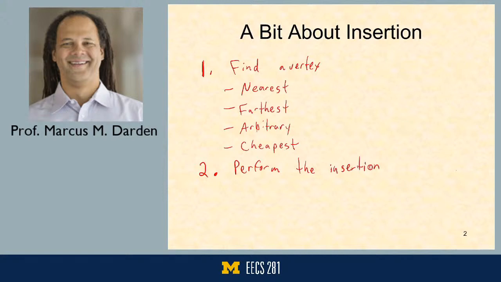So cheapest is not going to be under the same complexity as these first three. These first three are pretty easily big O n squared, but the cheapest is bigger than that, right? I think it's n squared log n. So that's what selection is about.